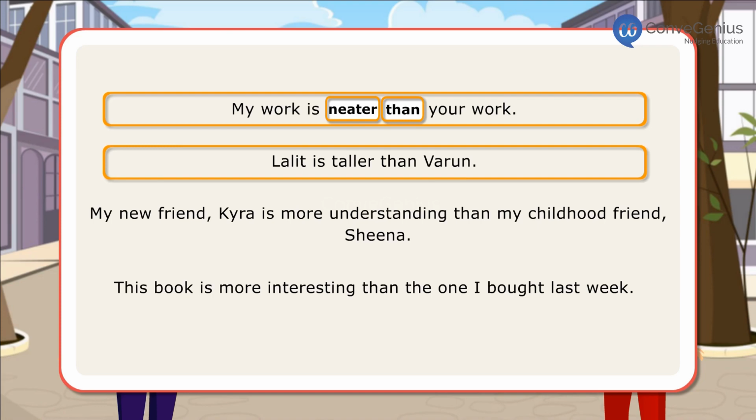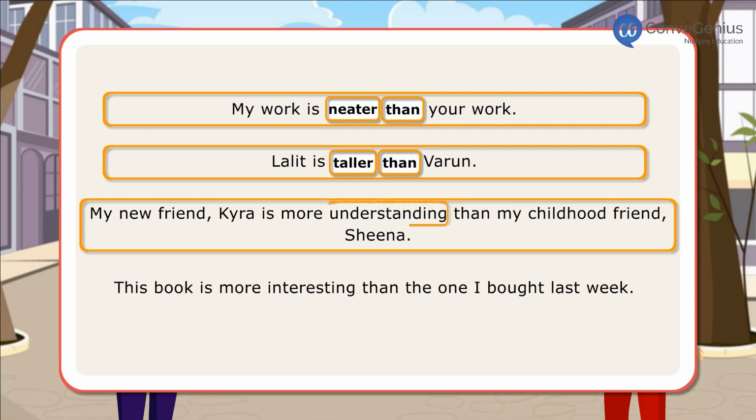In the second sentence, taller is the comparative form and than has been used after it since than is used after comparatives. The comparative form has been made by adding er to the single-syllable word tall, since we use er for short words, that is one-syllable words.